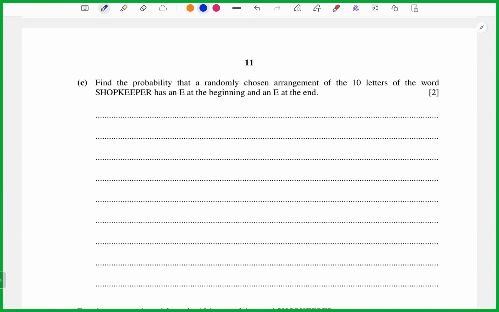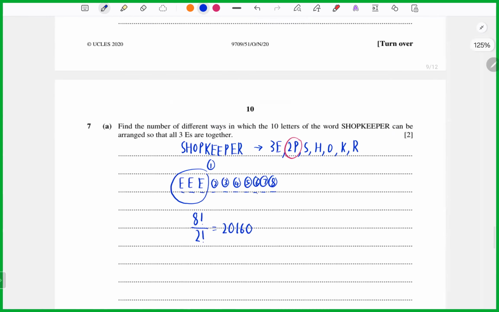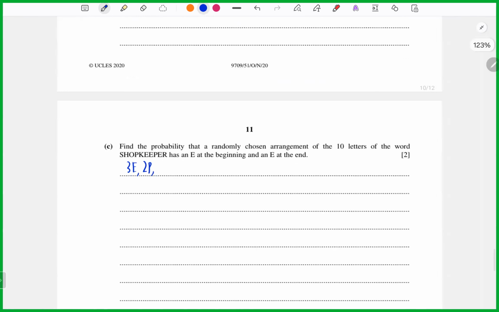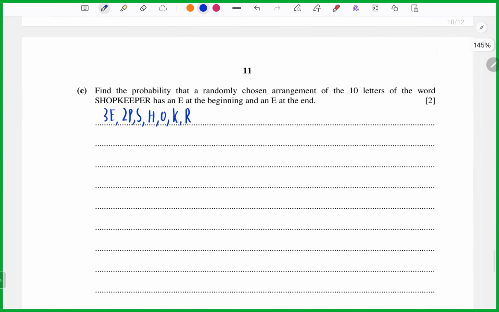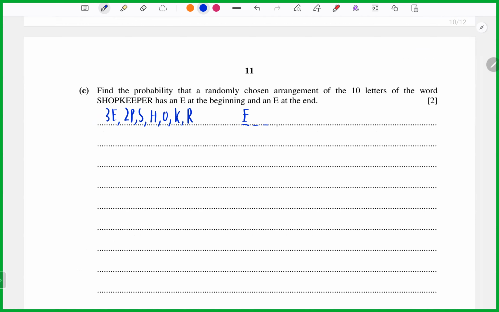We already know we have 3E, 2P, and S, H, O, K, R. If the E is at both ends, 1, 2, 3, 4, 5, 6, 7, 8, 9, 10, then for the 8 spaces in the middle we have 8 letters to use: E, 2P, S, H, O, K, S.